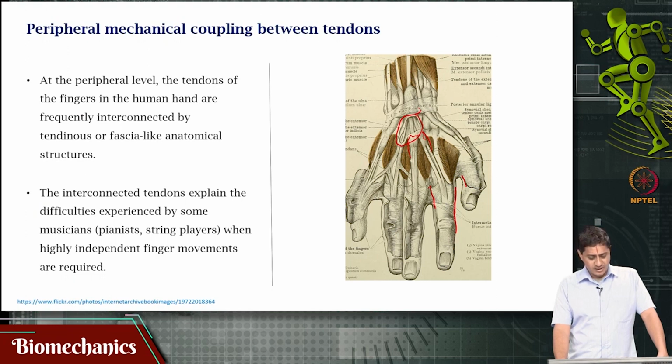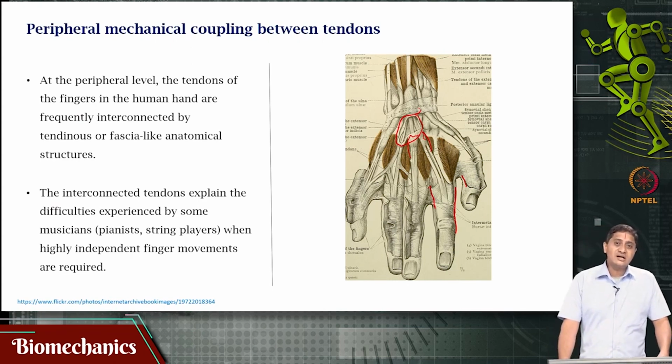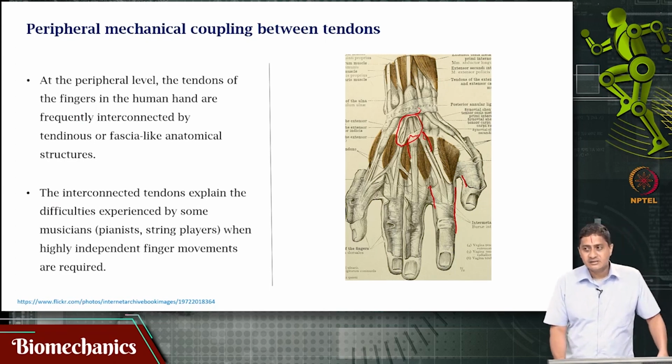Now, with practice, somehow they are able to perform independent movements. That means that they are able to produce compensatory movements in the other fingers such that each finger movement appears to be independent, maybe. So, that means that this is something that you can unlearn.